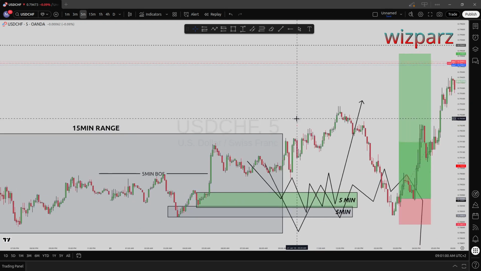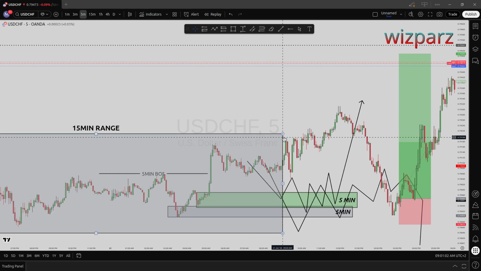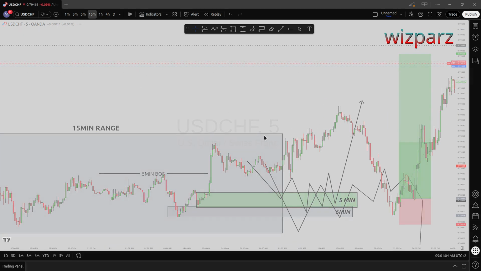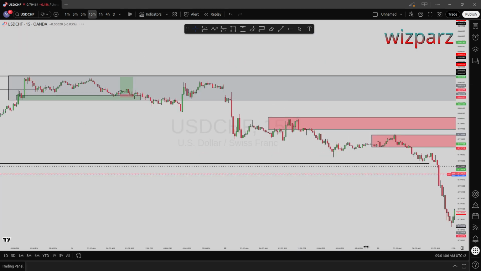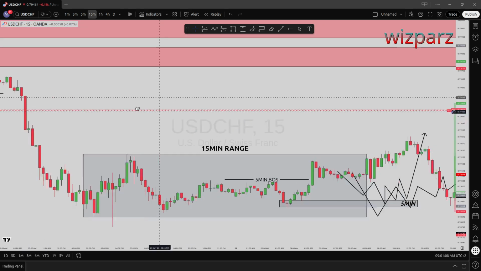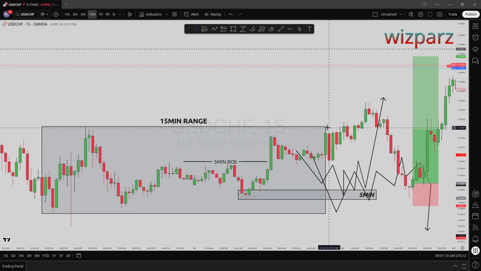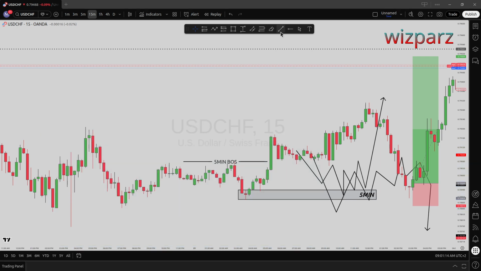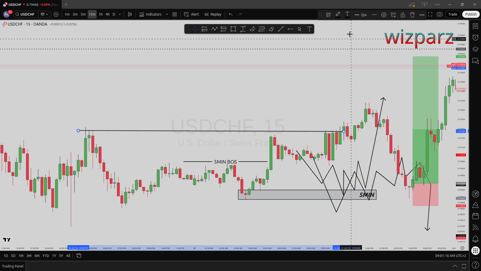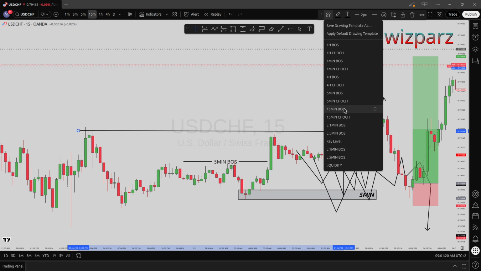And as you can see, after price made a 15-minute change of character to the upside, okay, this was 15 minutes and it was a range, so I expected the price to come back to this, break one of these to the upside and then look for long.